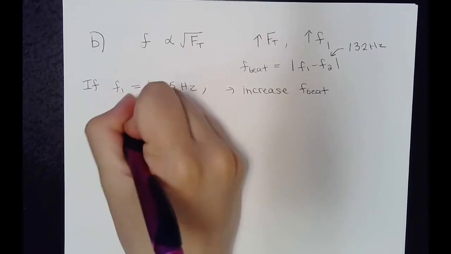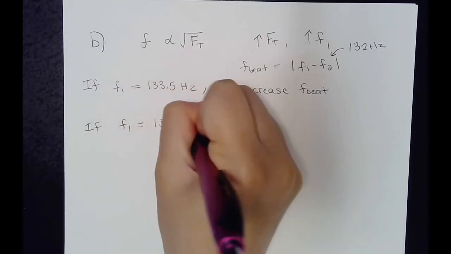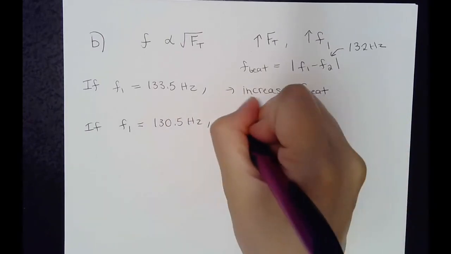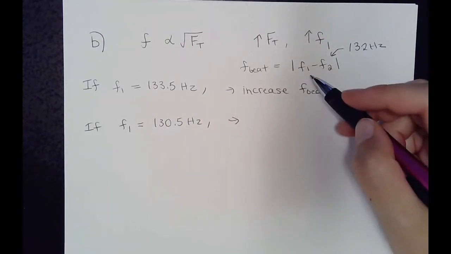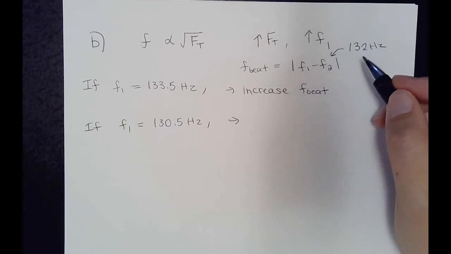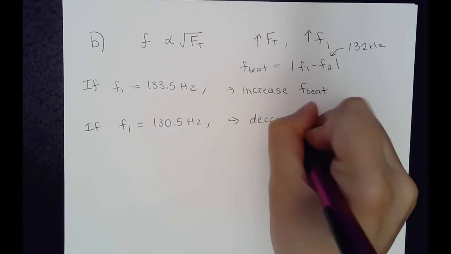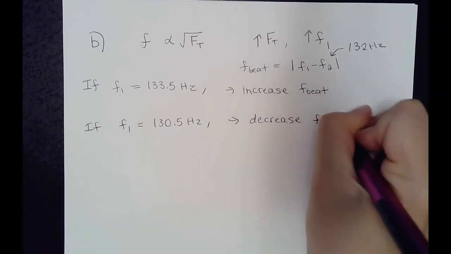However, if we have the other option where F1 is 130.5 Hz, then if we increase that frequency, it will become closer to 132 Hz and will decrease that difference and decrease the beat frequency.